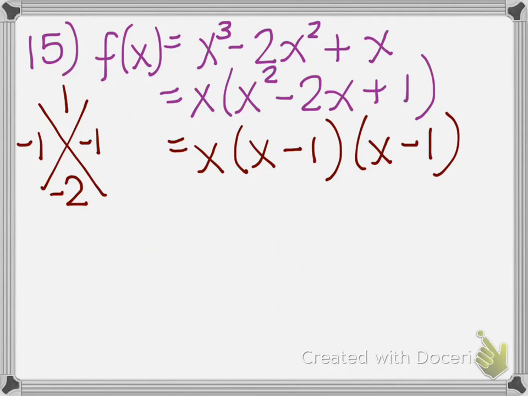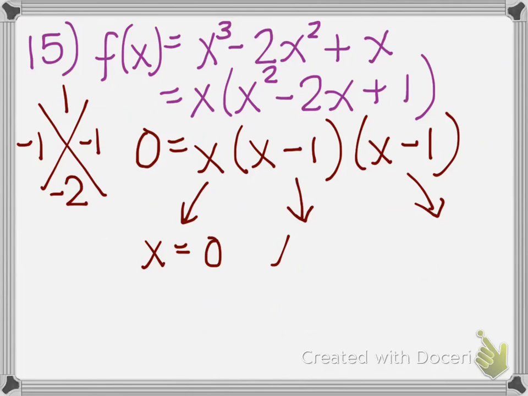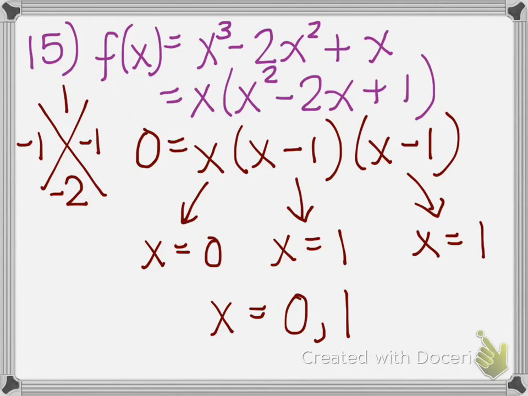Well, now that I have my factored form, I can set this equal to 0, and I can grab my 3 zeros. x equals 0 here, x equals 1 here, x equals 1 here. Since x equals 1 two different times, I really only have to list it out once. So my zeros are at x equals 0 and x equals 1.